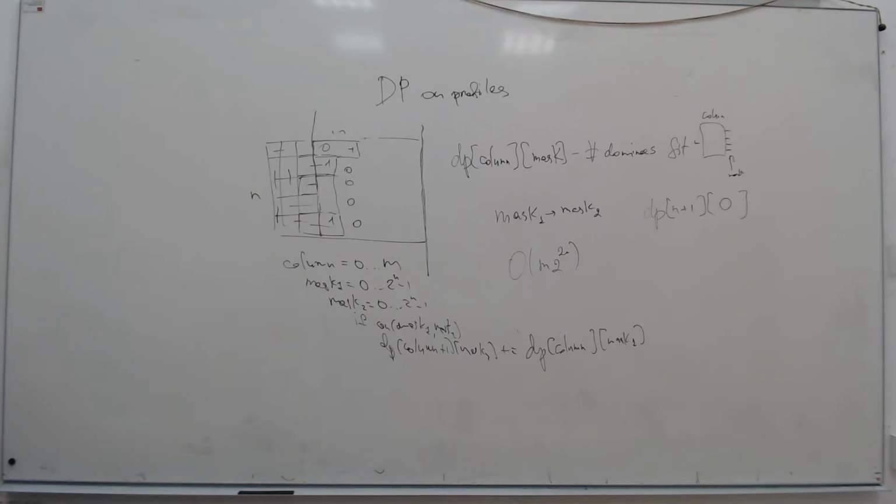Is the algorithm clear, or does it require any detail, like any explanation?